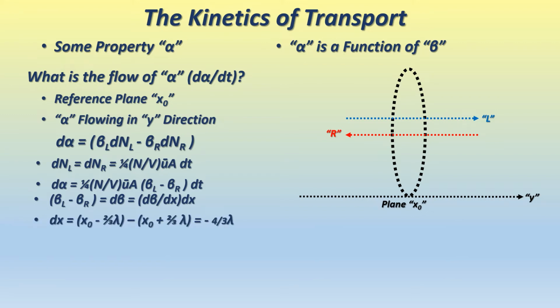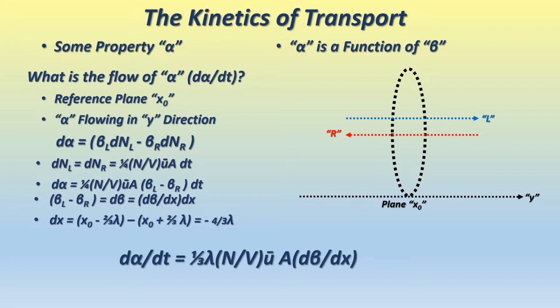And again, from kinetics, you know the mean free path. Since these particles are not necessarily moving in a straight line, they could be moving at an angle, the average distance traveled is going to be 2/3 lambda. So dx is going to be minus 2/3 lambda going backwards plus 2/3 lambda going forwards, or minus 4/3 the mean free path.